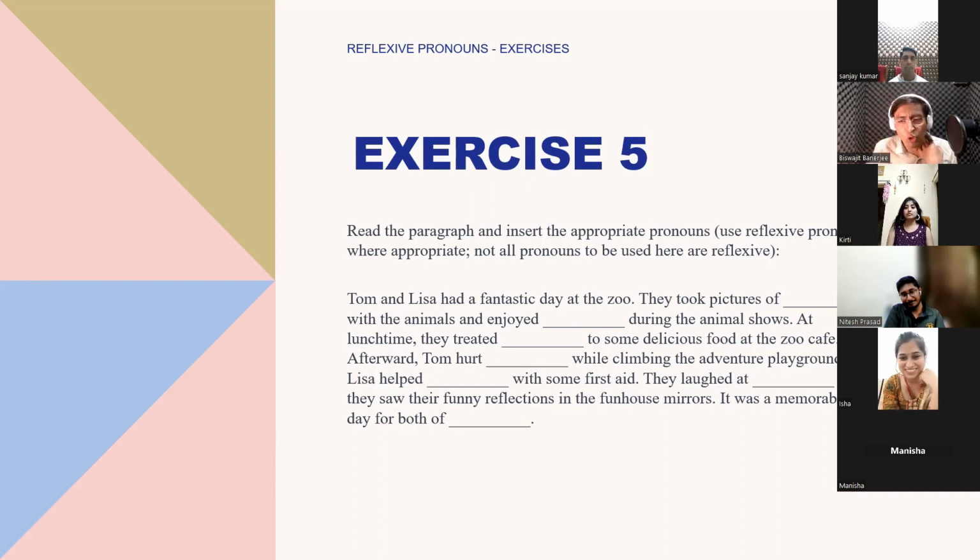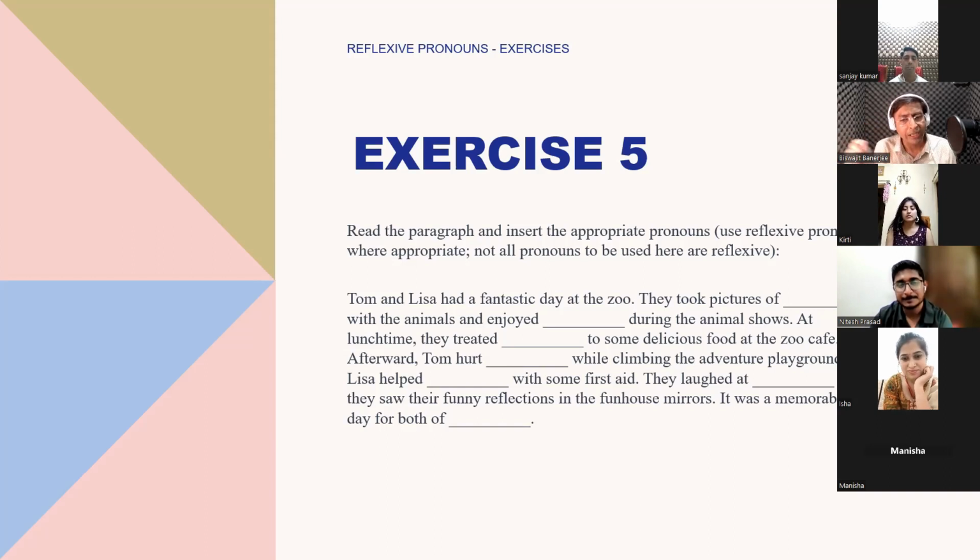Okay. They took pictures of themselves with the animals and enjoyed themselves during the animal shows. At lunchtime, they treated, since it's they, themselves to some delicious food at the zoo cafe. Afterward, Tom hurt himself, as you rightly pointed out, because here Tom is singular.